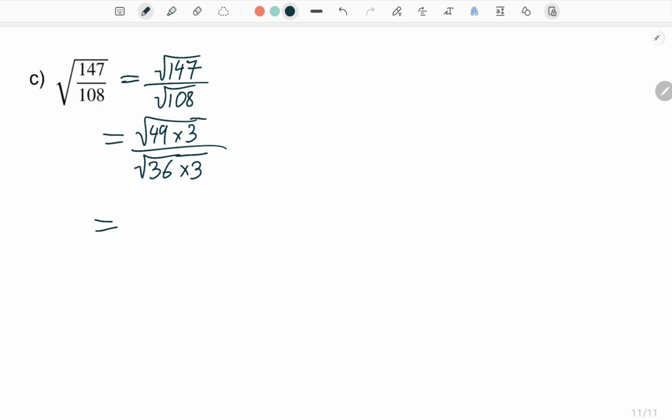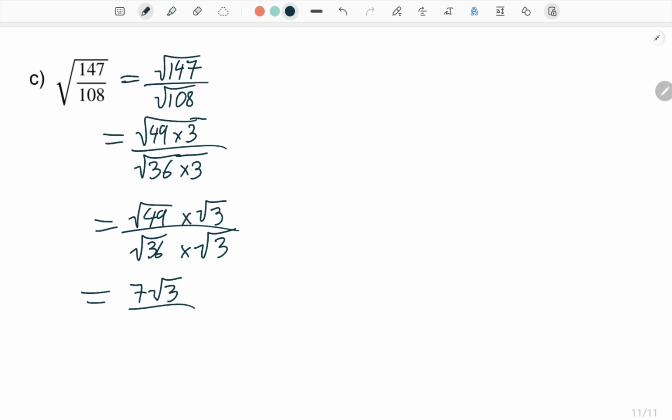You don't need to check every single number. So we can break this apart into root 49 times root 3, and root 36 times root 3. You might be noticing they both have root 3, so we will deal with that later. But the square root of 49 is just 7, so 7 root 3. And the square root of 36 is just 6, so 6 root 3.